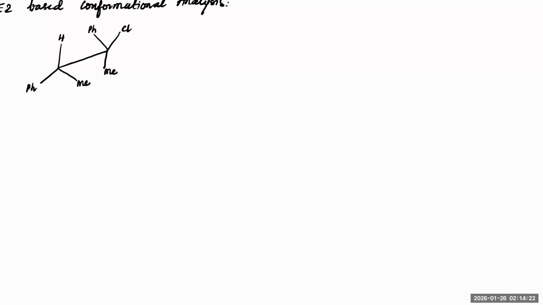This is the example given. And you are making it react with ethoxide (EtO minus) and heat. So definitely this is an elimination kind. And that too we have to go for the E2 mechanism.